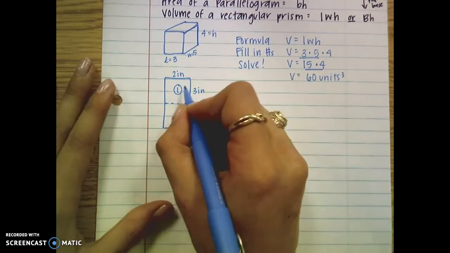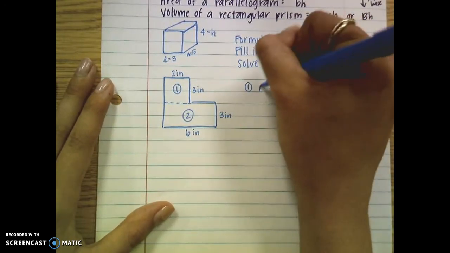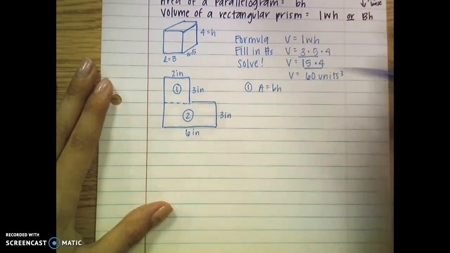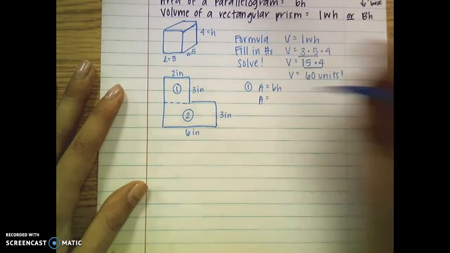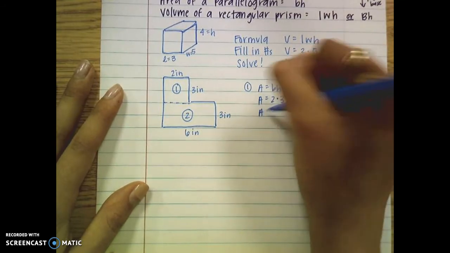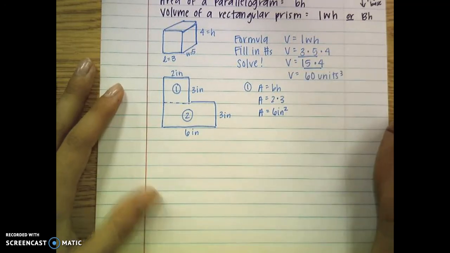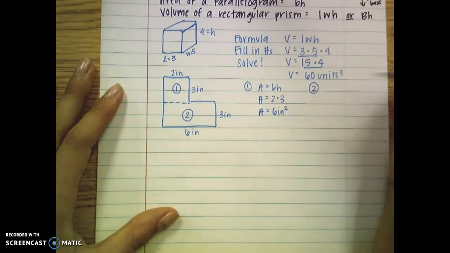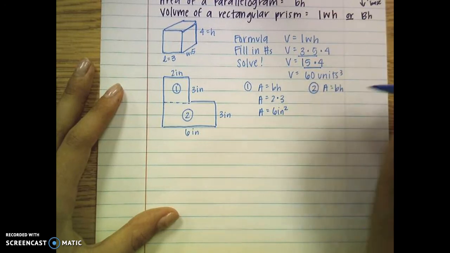Then we would solve, okay, what's my area of shape 1? For shape 1, area equals base times height, still starting with my formula. Fill in my numbers. Area equals 2 times 3, so area equals 6 inches squared. For shape 2, I have area equals base times height.